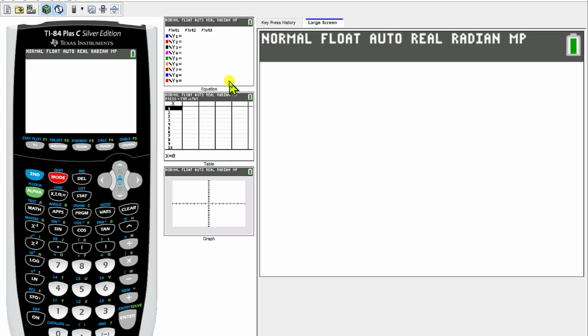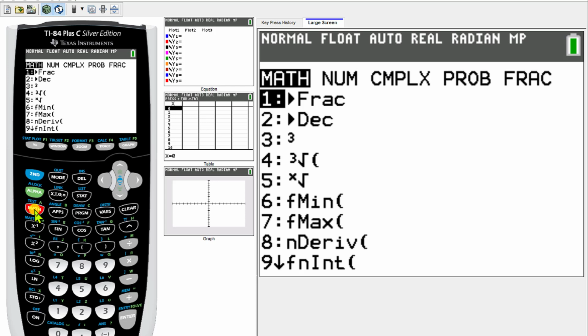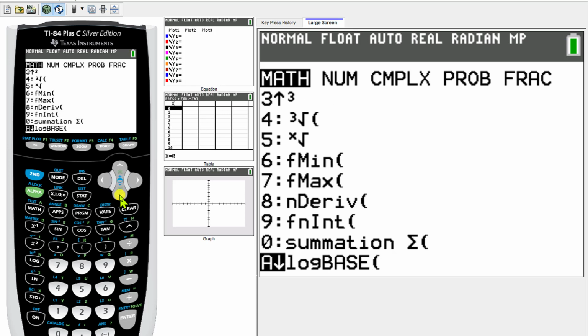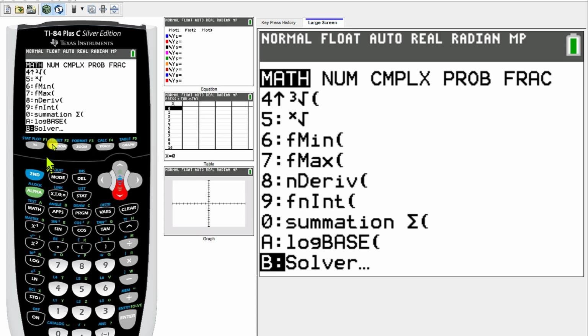To start with, you'll notice there's a math button here. I'm going to click on that. You can page down or page up, but it's actually at the very bottom: solver. It might not be B, it depends on which calculator you have.